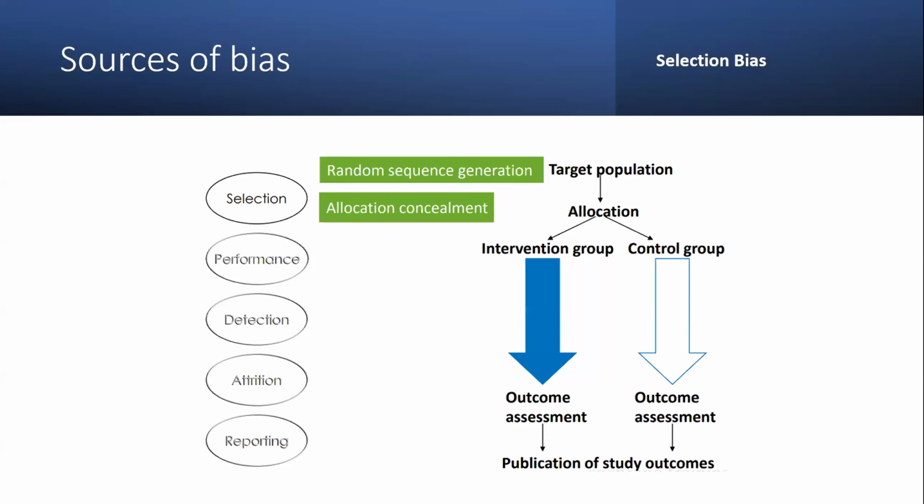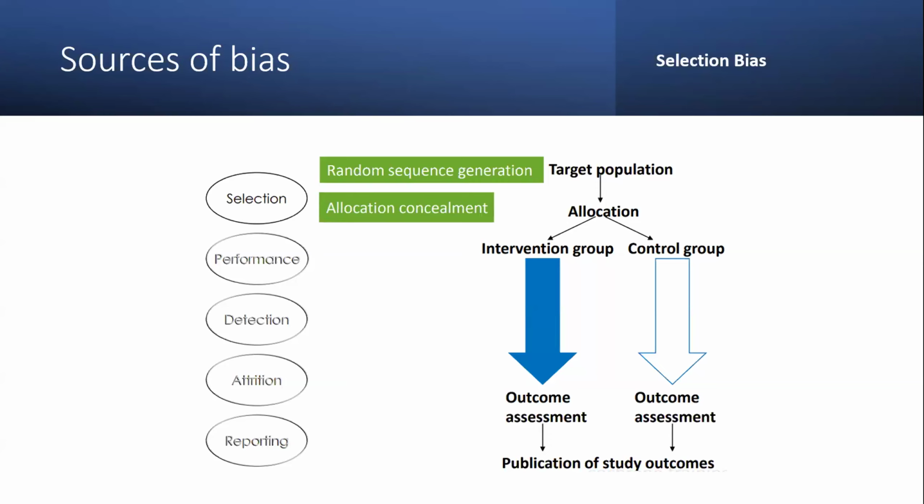When we talk about selection bias, mainly comes the random sequence generation and allocation concealment. We know that in a randomized control trial, the participants have to be randomly allocated to the intervention and the control group.